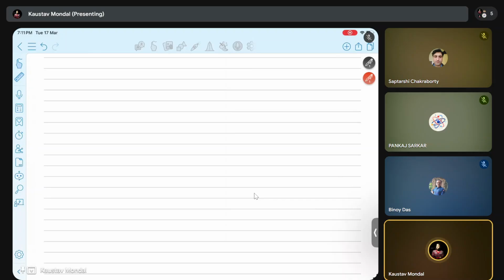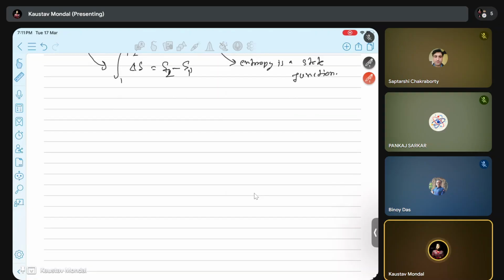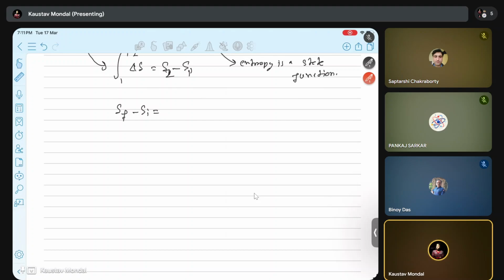Now there is also an inequality relation for the case of entropy. For a reversible process, the entropy final minus entropy initial is equal to the integral of dq by T from initial to final.